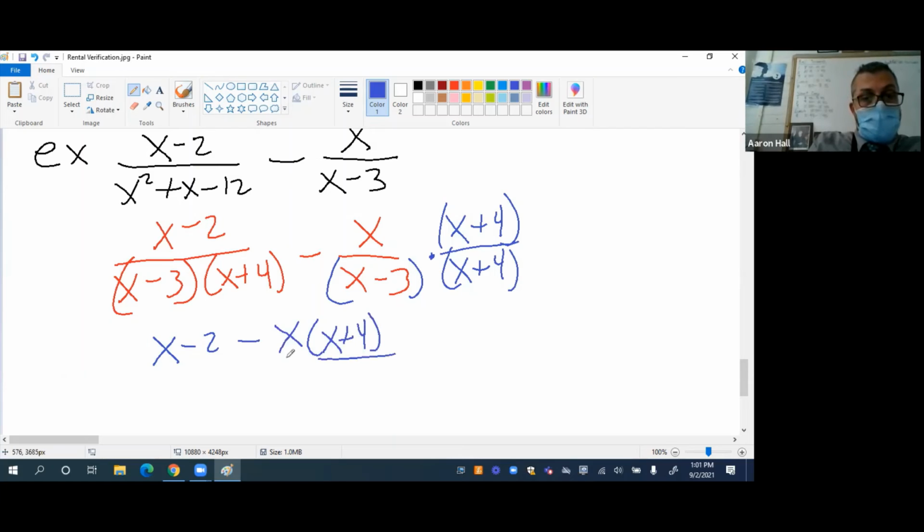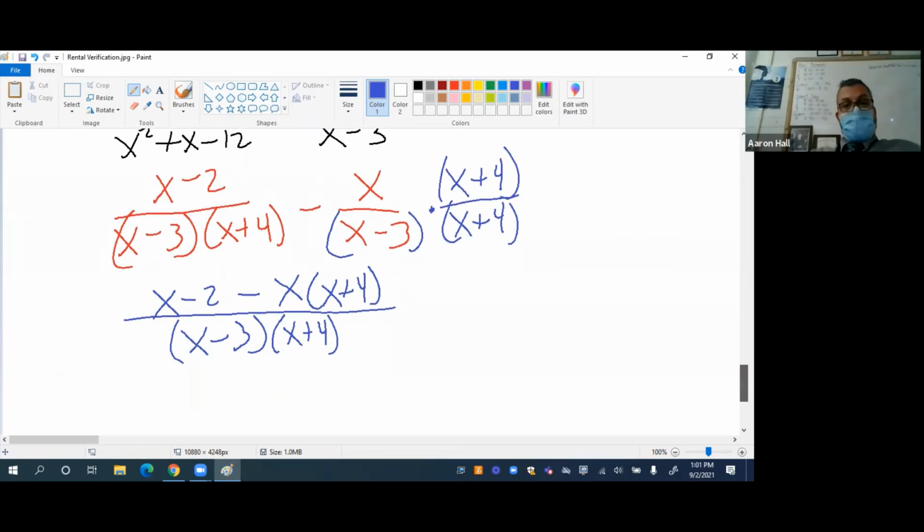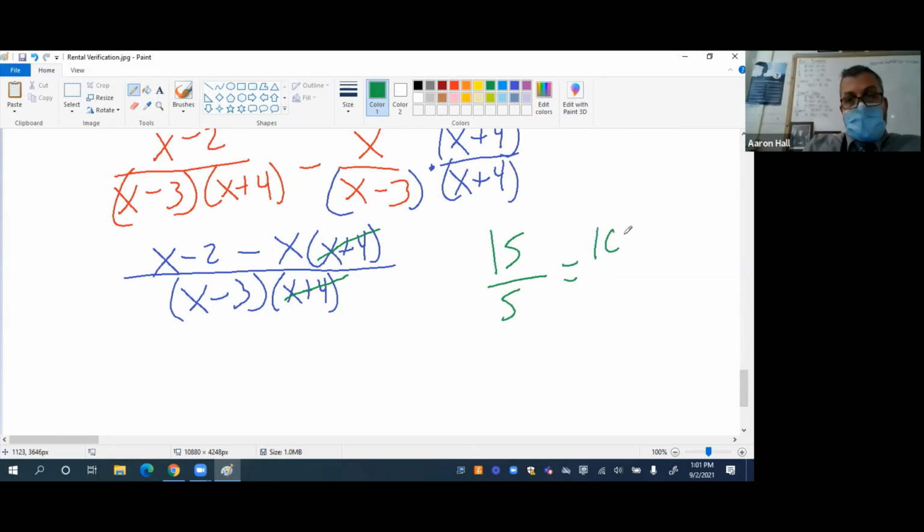Does that look right to you? Now what? Right here, eliminate those? We can't do that. That would be equivalent to saying 15 divided by 5 equals 10 plus 5 over 5, and eliminating those and getting 10.